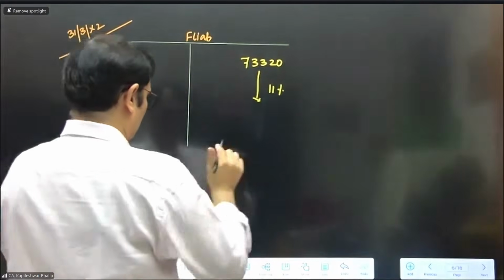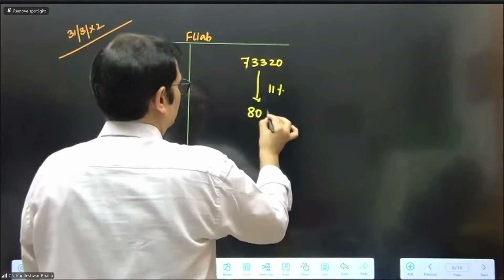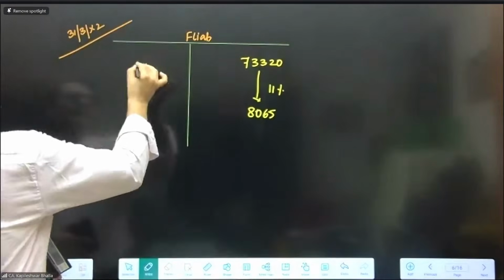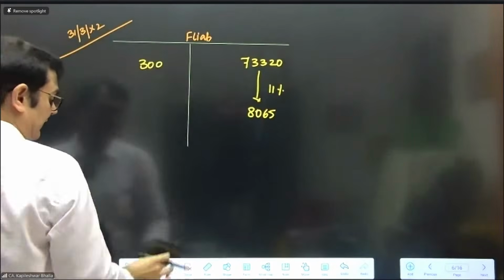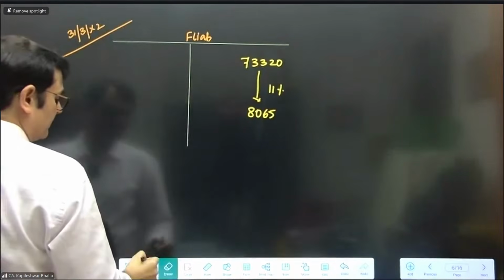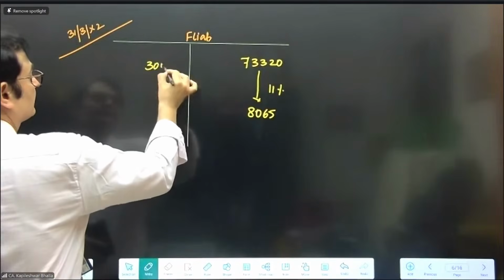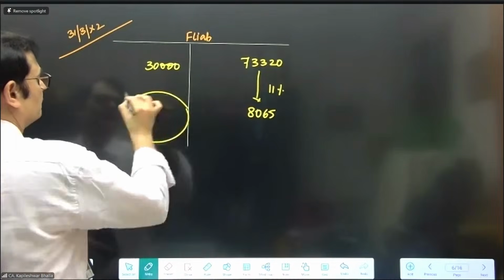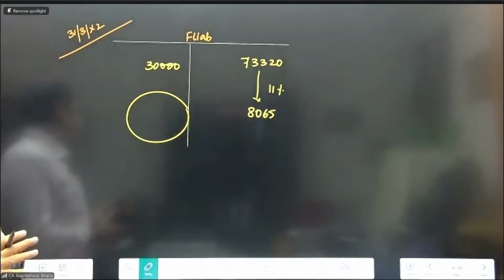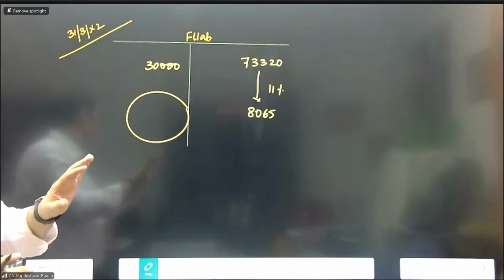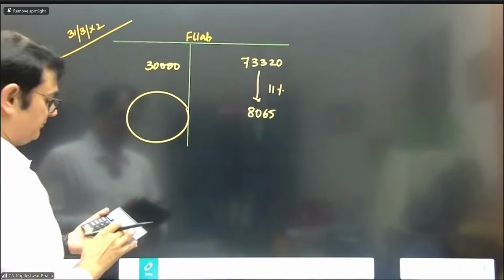So this comes to 8065 approximately. And the benefits which is paid is the 3% on 10 lakh. This is the benefits paid. So this becomes, in a way, the balancing figure, just like an amortized cost ledger is prepared.